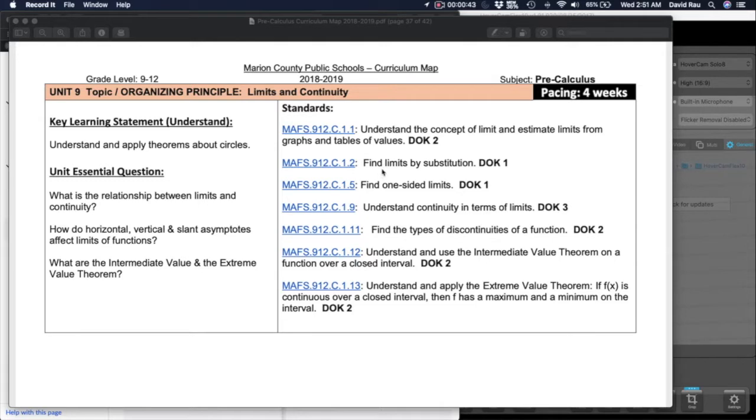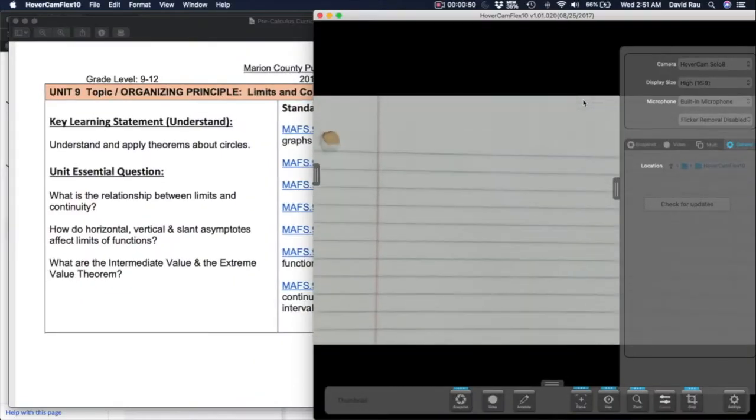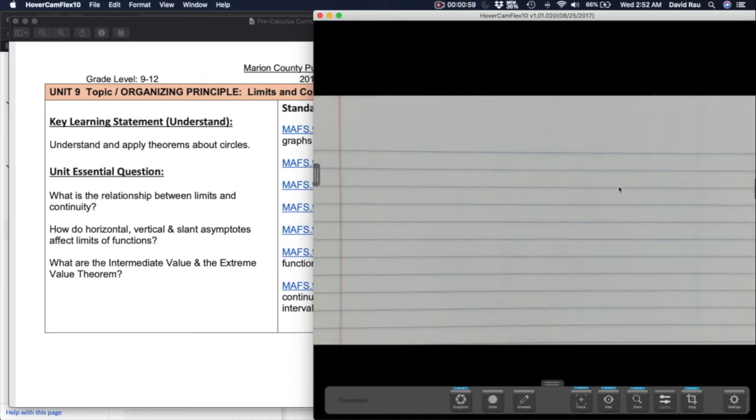Now, when we find limits by substitution, before we get into all the examples, let's just talk about what that means. It means that there are a lot of limits that can be found simply by plugging in a number into a function.